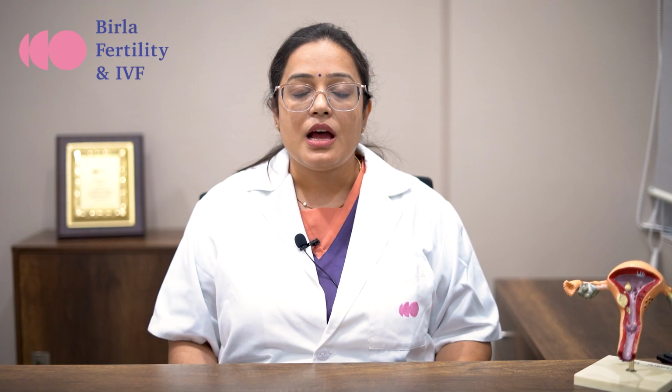Another important aspect of doing IUI is to understand whether your tubes are open or not. Because the egg that forms in our ovary has to be carried via your tubes and then fertilized in the tube to give a pregnancy. So the basic prerequisite for any IUI is to know whether tubes are patent or not.